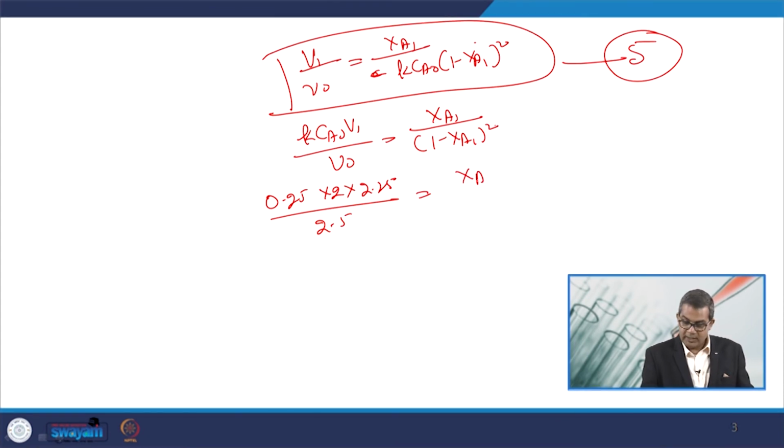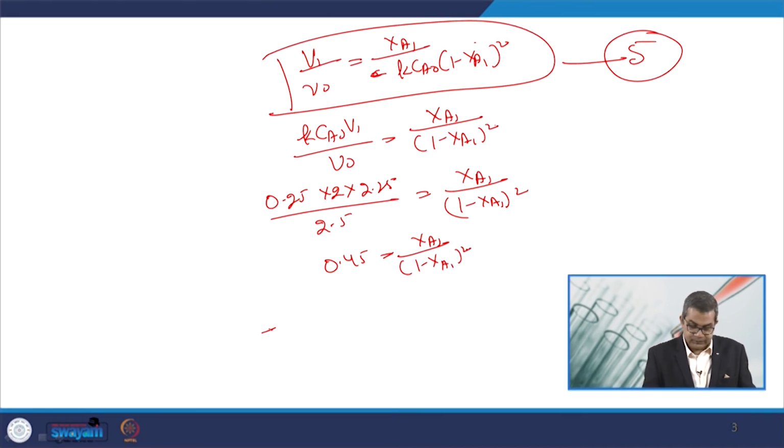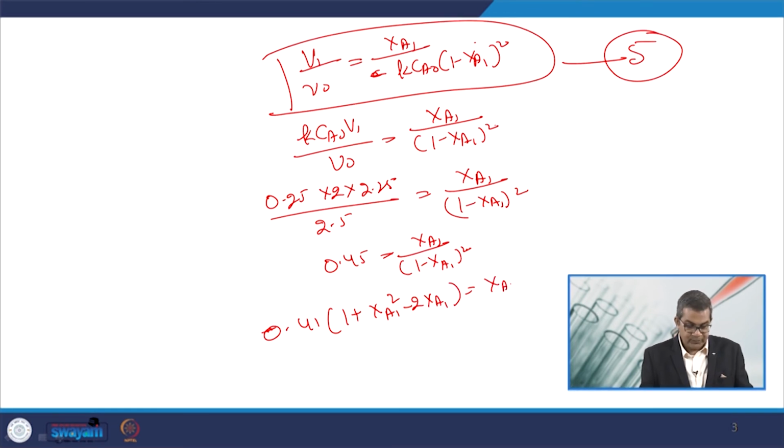This is equal to Xa1 upon (1 minus Xa1) squared, or 0.45 equal to Xa1 upon (1 minus Xa1) squared, or 0.45 into (1 plus Xa1 squared minus 2 Xa1) is equal to Xa1.